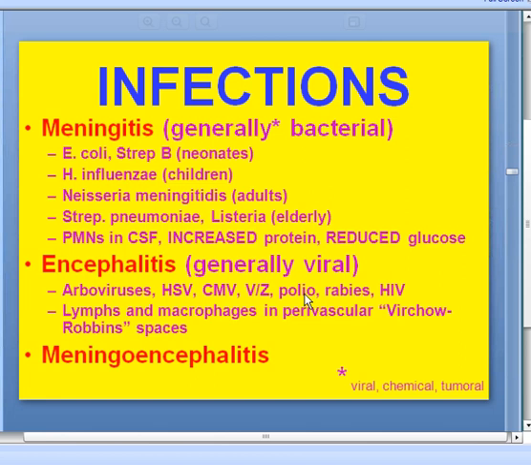And then if you want to go into exotic things like the polio virus, which we normally don't see anymore, or the rabies virus, which you can see, but you probably never see a case of it, and HIV as well. You can never rule out HIV in just about anything. But the beautiful thing about encephalitis is, no matter what virus is causing it, it all has the same histologic picture.